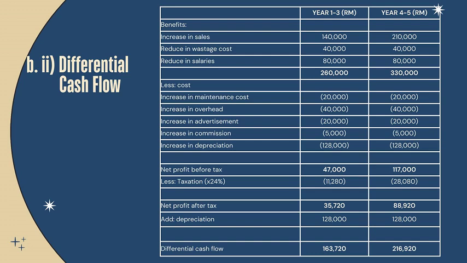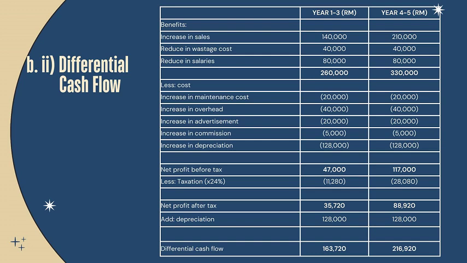Next, after we deduct the cost from our benefits, here's the money we are left with before tax. Year 1 until 3, 47,000 ringgit, and for year 4 until 5, a bigger whole, 117,000 ringgit. The growth is real, guys. Then, for the next step, we will see tax.